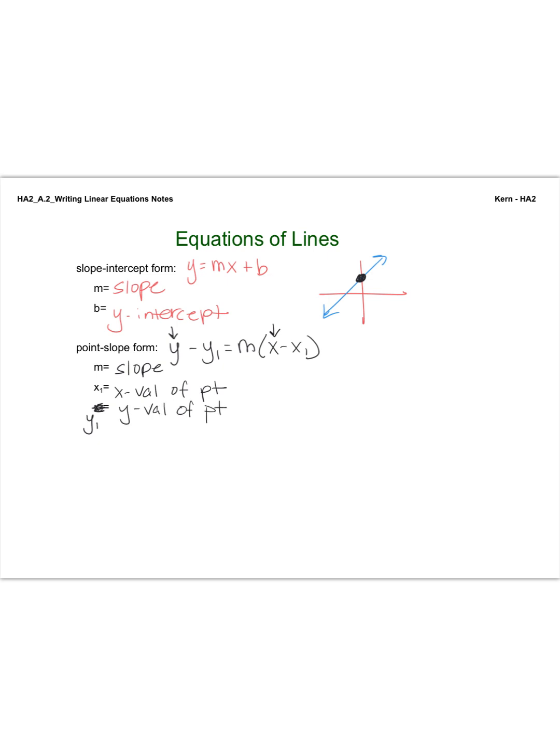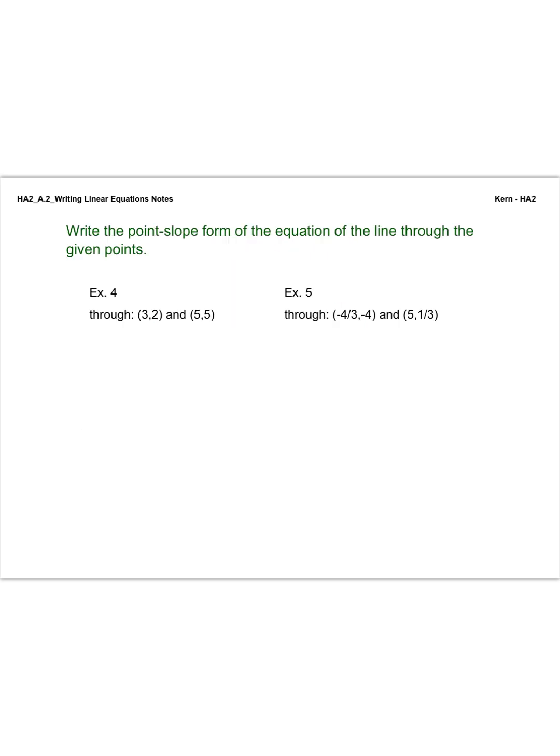Okay, so let's see some examples here. Okay, notice this says, what is the point slope form of these two examples? So in order to figure this out, the first thing that you have to do is find the slope. So we know to find slope, you do y2 minus y1 over x2 minus x1. So x1, y1, x2, y2. So we have 5 minus 2 over 5 minus 3.